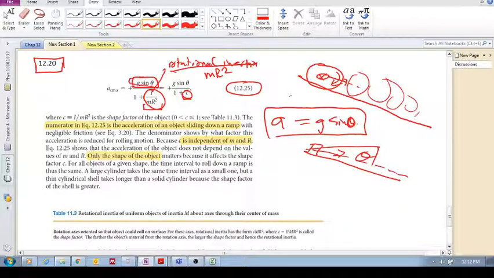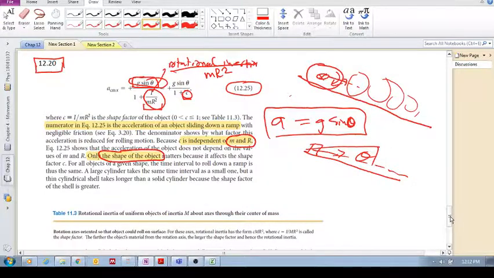So we've seen this before. But now, if we've got rolling without slipping, then we take that value that we've seen before and we divide it by 1 plus the shape factor. And the important thing is that I over mr squared becomes independent of the inertia and the radius, and it is only dependent on the shape of the object. It is only dependent on the shape.